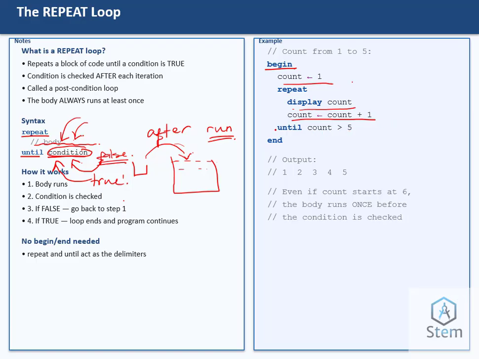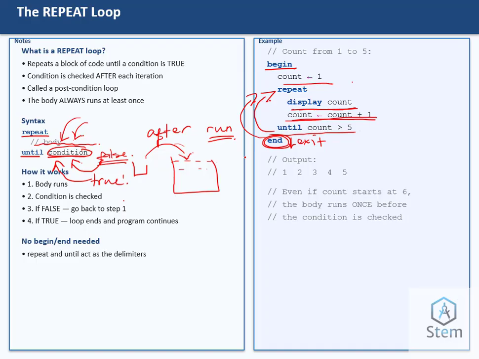If it's not greater than 5, we go back again. We display a new count. We increase count to another number. And we check if count is greater than 5. If it is not, we keep doing it. If count is greater than 5, we exit the loop and the program ends.